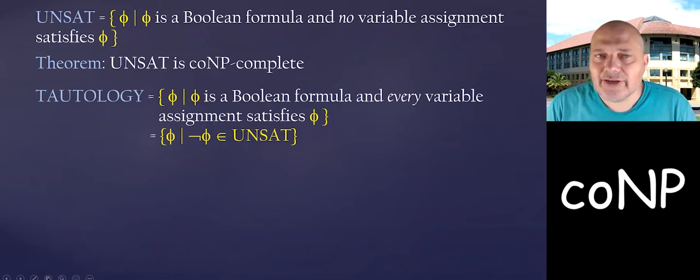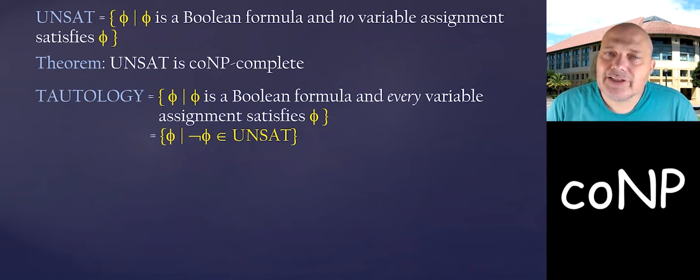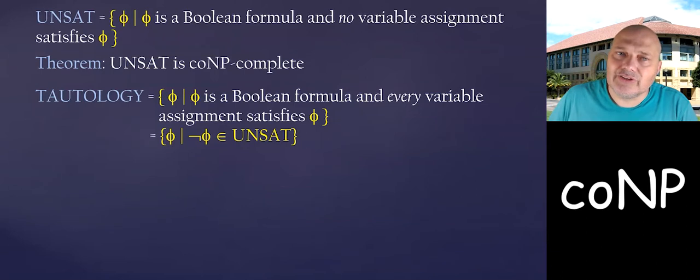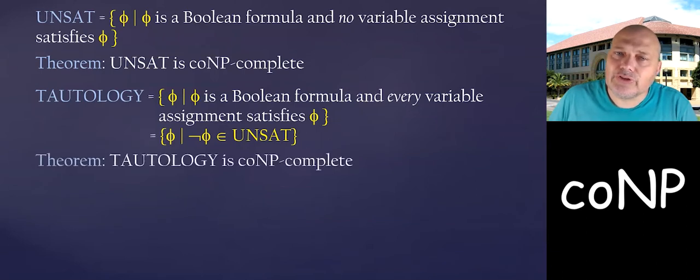Let's think about tautology again. Phi is a Boolean formula that every variable assignment satisfies phi. And this is the same as phi is such that not phi is in ANSAT. If every assignment satisfies phi, then no assignment satisfies not phi. Therefore, tautology is coNP complete as well.